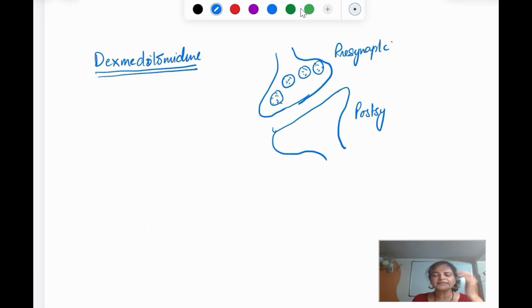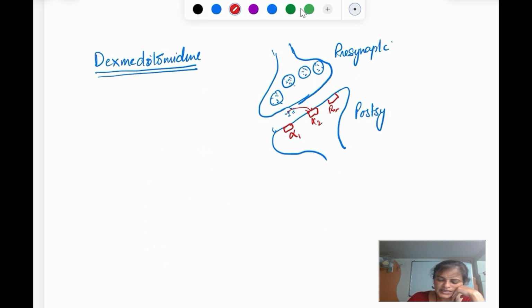So with the generation of the action potential, what will happen? Norepinephrine release will be there on the synapse, and here what happens? There are the receptors, आपके alpha, beta receptors, they are there. Alpha 1, beta receptor, they are going to act on the receptor. ये इस receptor पे काम करेंगे and they are going to produce the action.